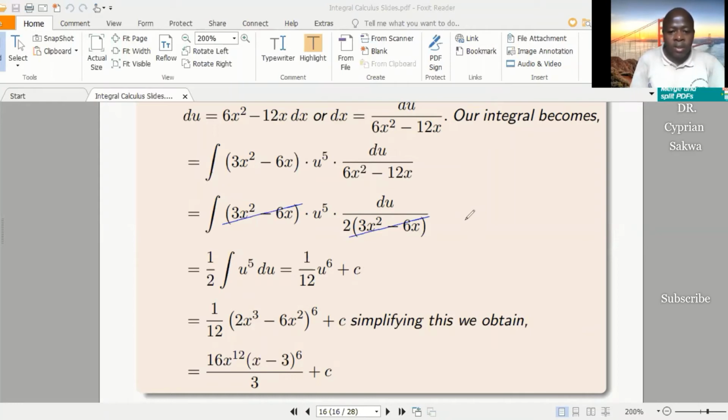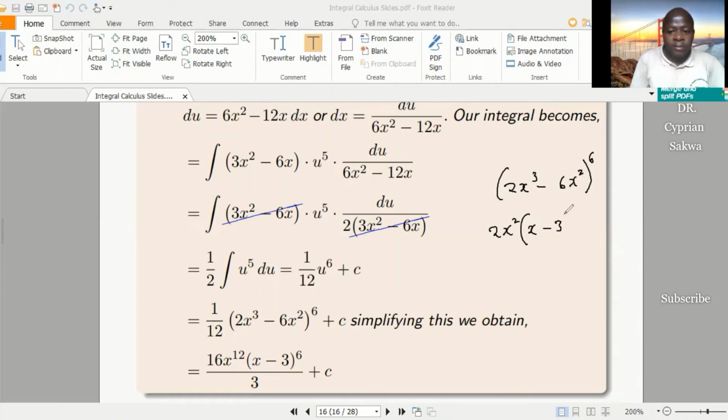So let me show you what I did. If you have 2x cubed minus 6x squared raised to 6, this can be written as 2x squared, which is common here. 2x squared goes into the first term x times, and 2x squared goes into the second term 3 times.